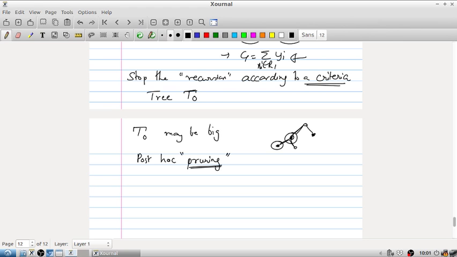There is a procedure called cost complexity pruning. There are many ways to prune a tree. Let's say you had a tree like this.